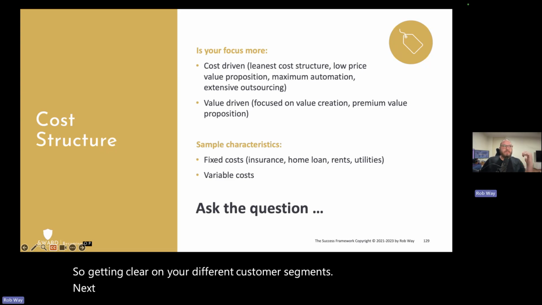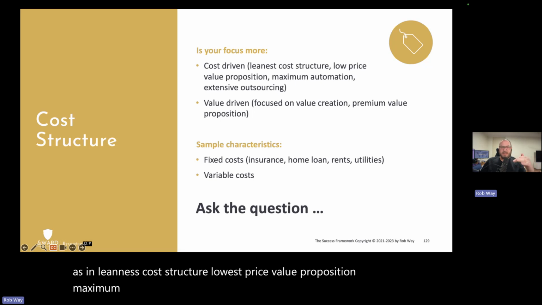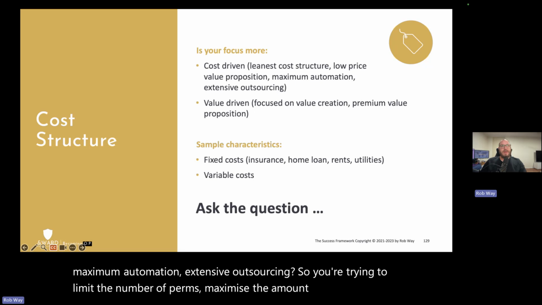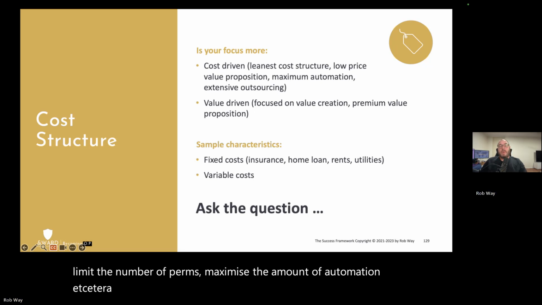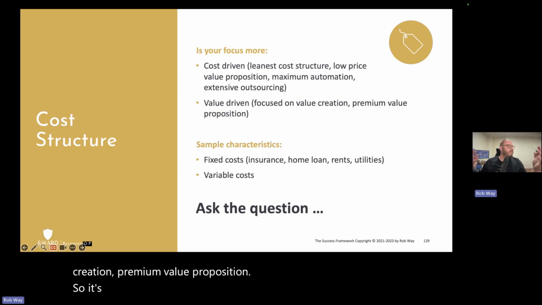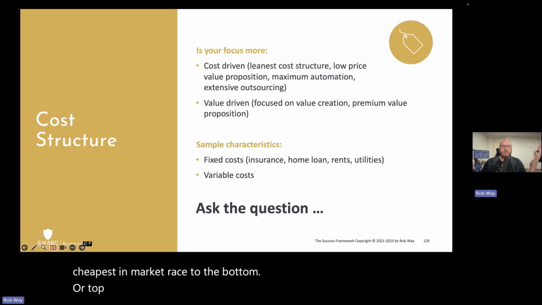Next couple of pieces, cost structure. Is your focus more cost driven, as in leanest cost structure, lowest price value proposition, maximum automation, extensive outsourcing? So you're trying to limit the number of people, maximize the amount of automation, etc. Maybe you're value driven, focused on value creation, premium value proposition. I don't have an adage to share, but it's going from cheapest in market, race to the bottom, or a top-quality, value-driven process of business.